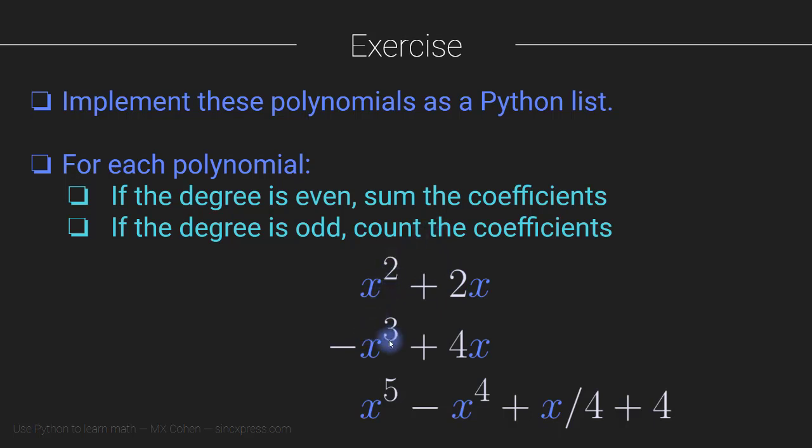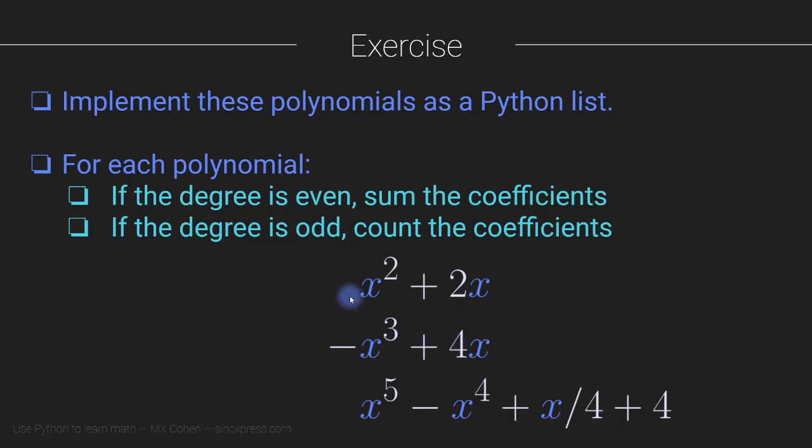And here in this polynomial, the degree is odd because the largest term is x to the power of 3, so the degree is odd, and then we just count the number of coefficients. So in that case, the answer would be 2, although the coefficients are -1 and +4.